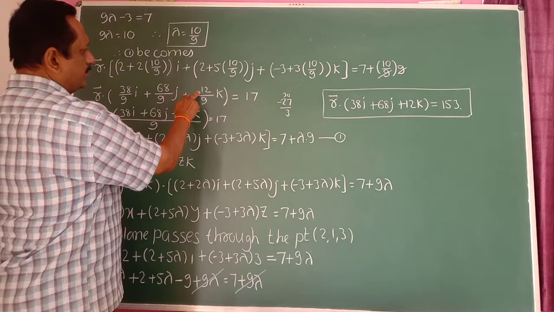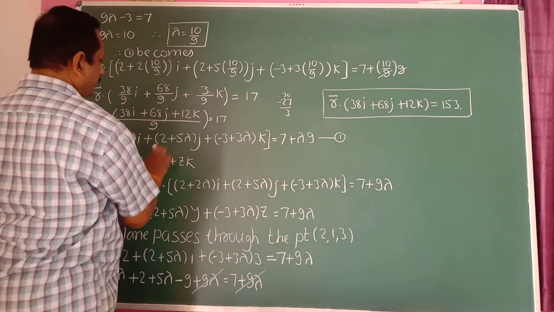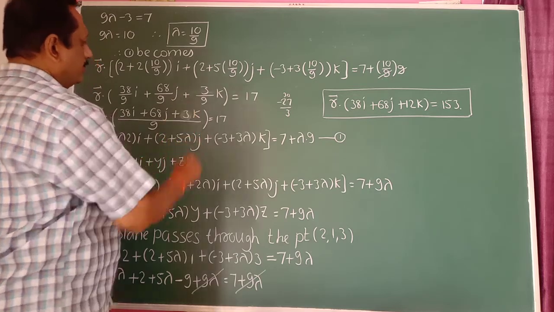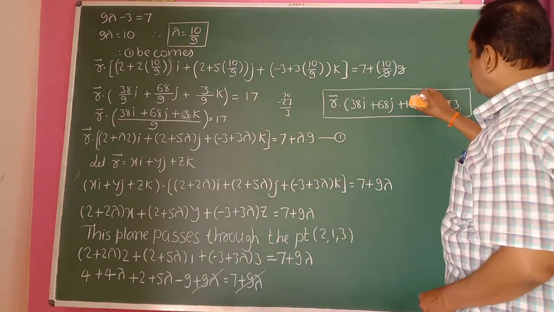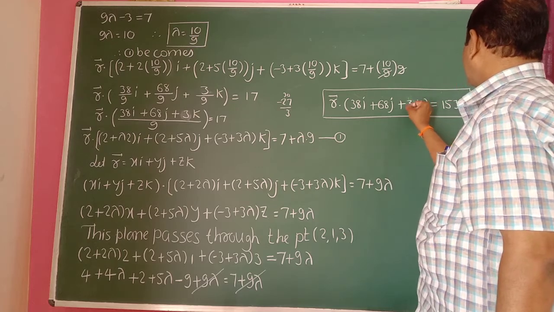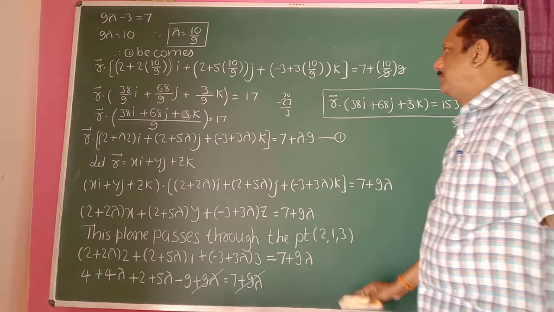It is not a 12, it is a 3, so 3k. Therefore this becomes 3k. Therefore the final answer is R bar dot 38I plus 68Z plus 3k. Okay, so this is the required equation of the plane.